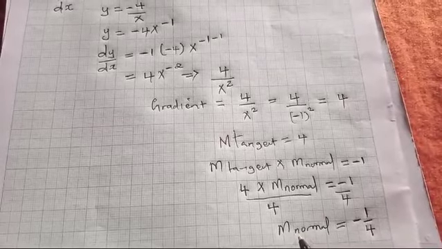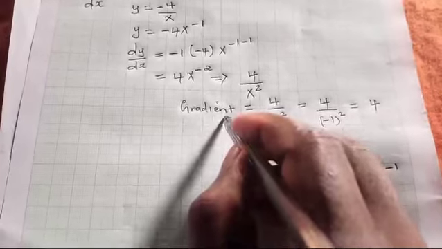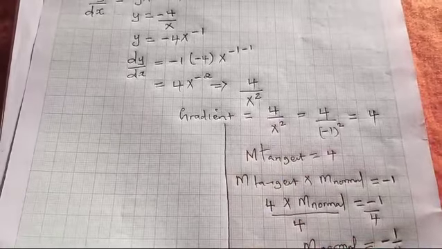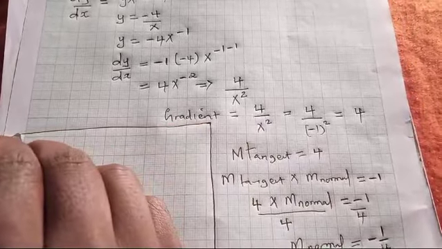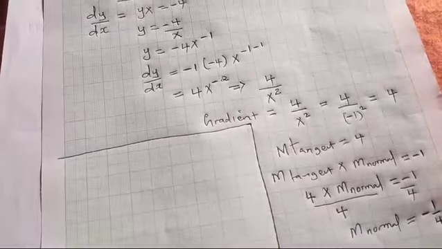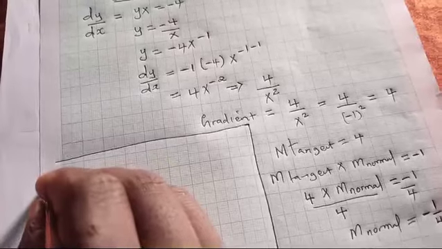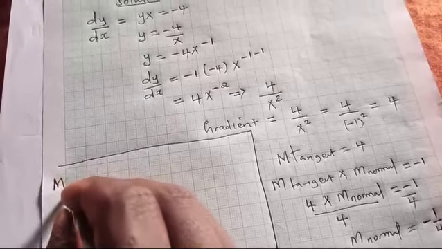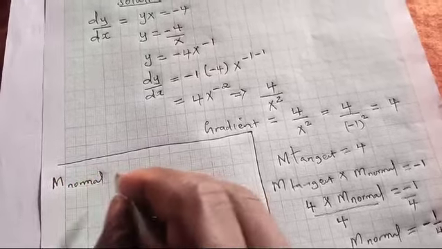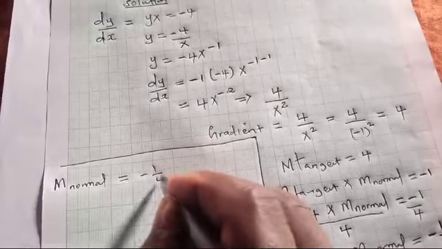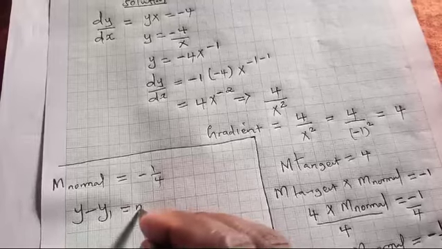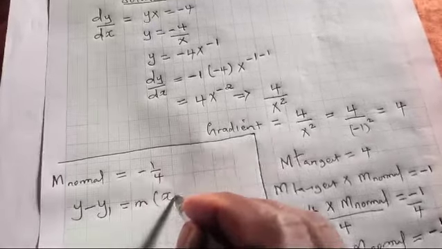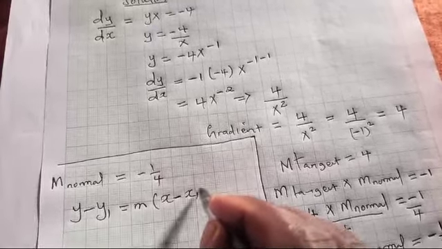Now that we have negative a quarter, let us use this part. I don't want to turn this paper. Now that our m normal is equal to negative 1 over 4, we can say y minus y1 is equal to m times x minus x1.